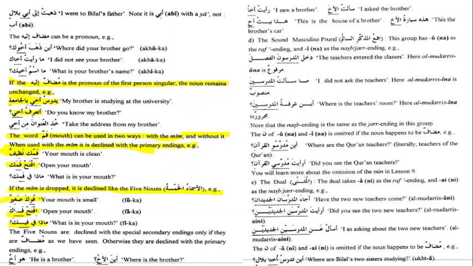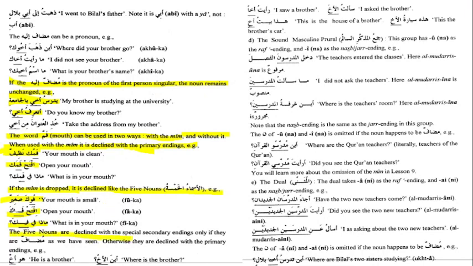So the summary of this is fu and famun are the same thing. But famun uses the primary endings when it is mudaf, and fu just behaves like the asma ul khamsa, which means you use either waw, ya, or alif with it, depending on if it is marfu, mansub, or majru.